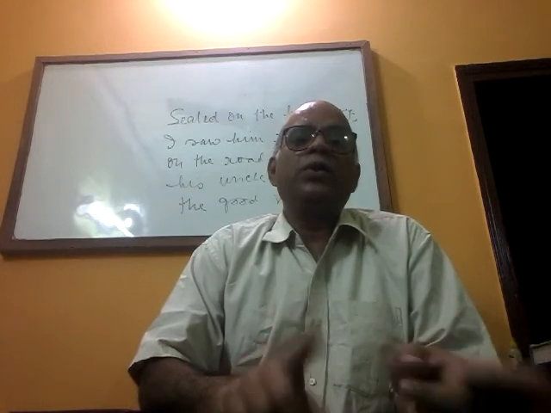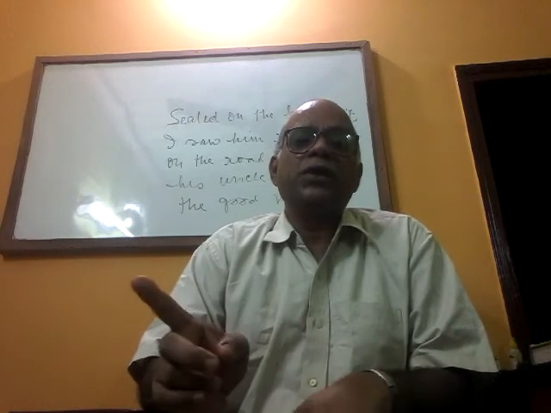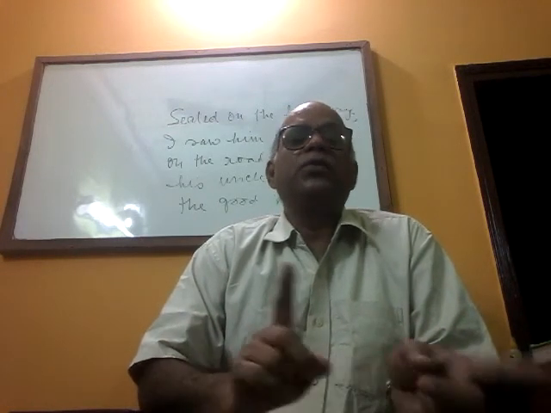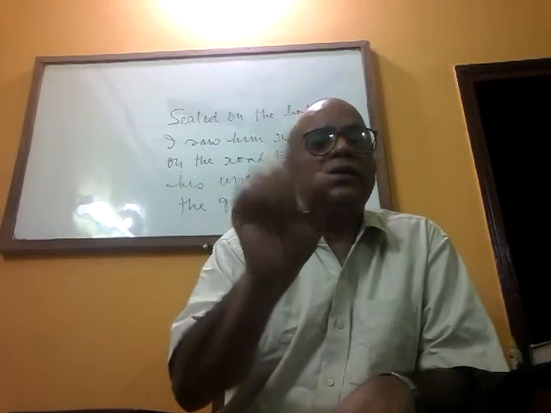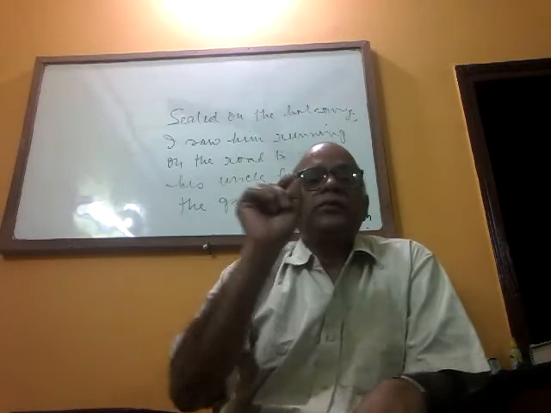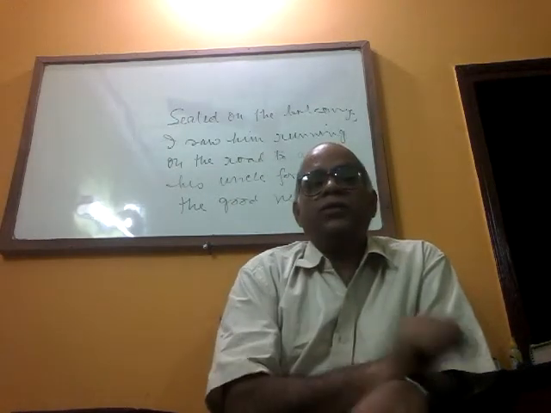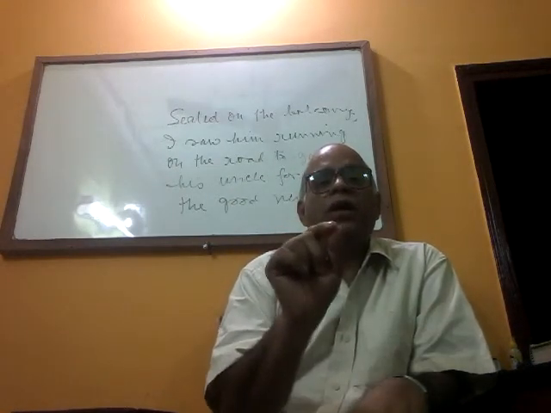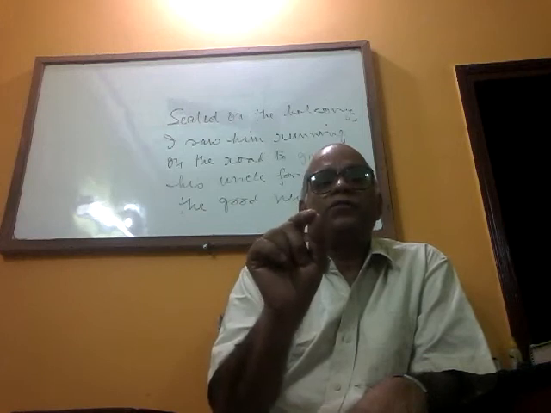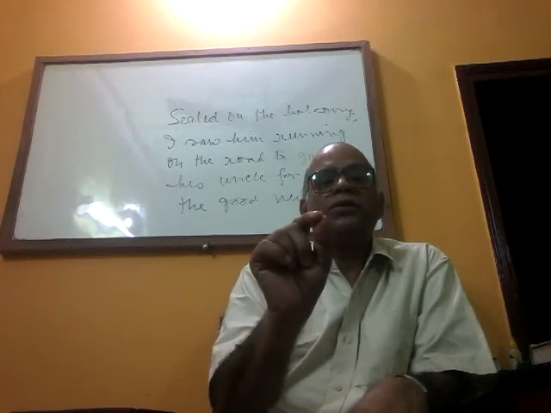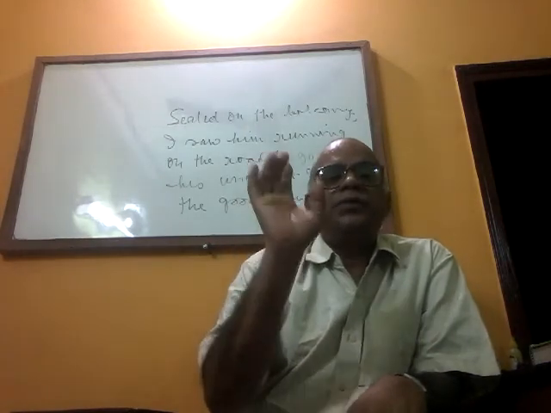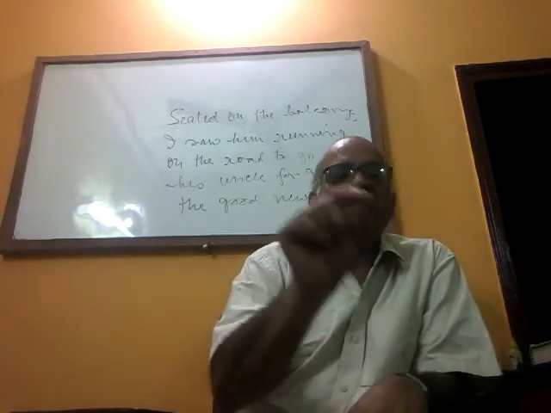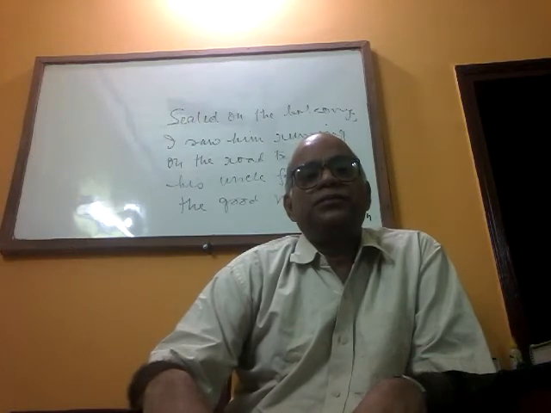There can be more than one principal clause, and similarly more than one subordinate clause, isn't it? Now in the same sentence, Riya is a good girl whom everybody admires or loves, whatever it is, whom everybody loves. This is qualifying the noun girl.